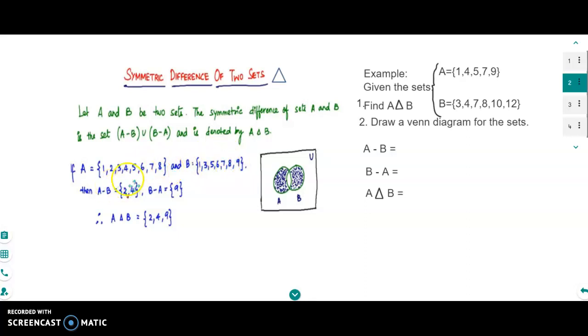So we only have the elements 2 and 4 that are in A but not in B.